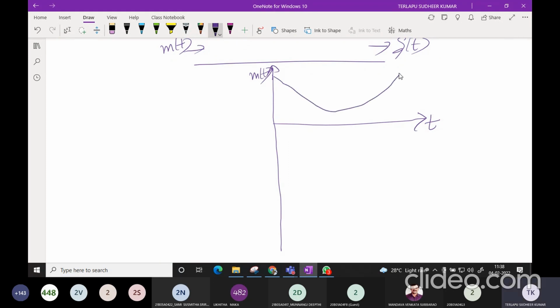For our convenience, I have taken the same M of t that was considered for instantaneous sampling. So I have a pulse train here.